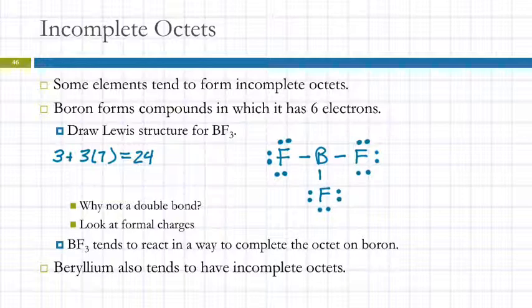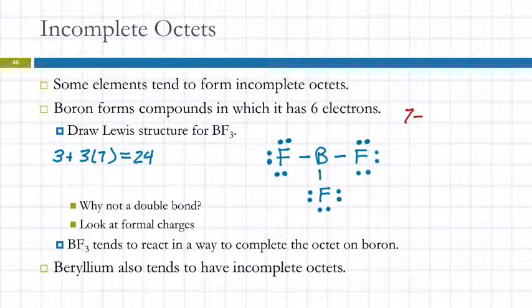And so we might be tempted to take a lone pair from one of the fluorines and make a double bond so that boron can have an octet. But let's look at the formal charges first. So on those fluorine atoms, each one brought 7 electrons to the molecule, valence electrons.